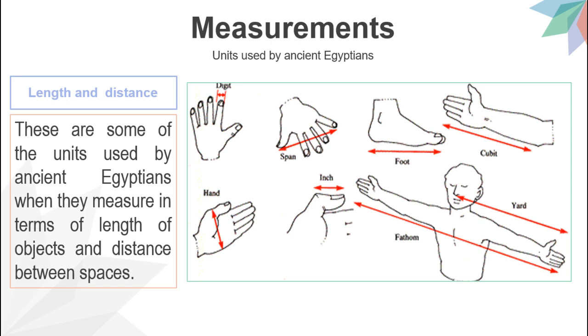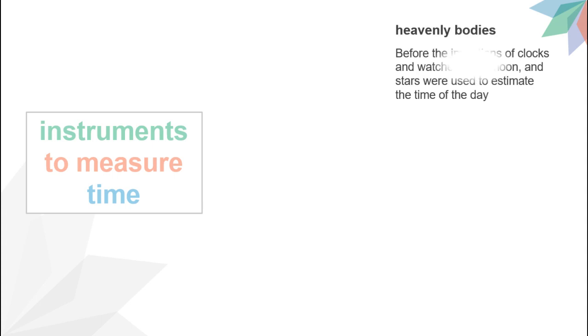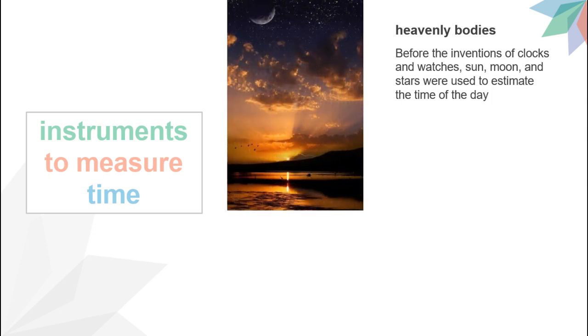So, now, how about the instrument to measure time? Before the invention of clocks and watches, the sun, moon, and stars were used to estimate the time of the day. Before, there were no clocks and watches that could tell exactly what the time of day is, so they used the heavenly bodies.